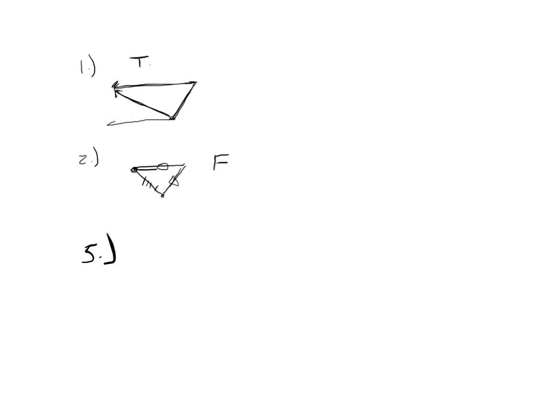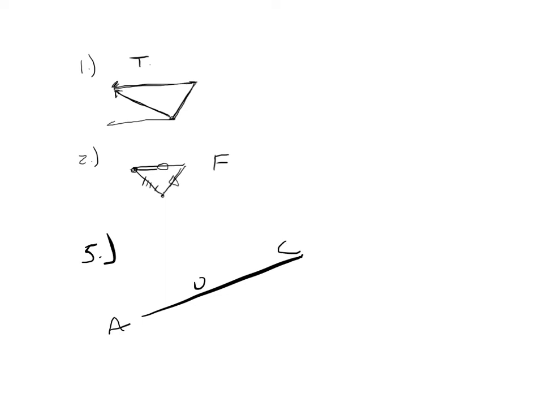And finally, let's take a look at number 5. It's asking, is vector AO equal to vector OC? For two vectors to be equal, they have to have the same direction and the same magnitude. Clearly AO and OC have the same direction because they're on a single line segment, AOC.